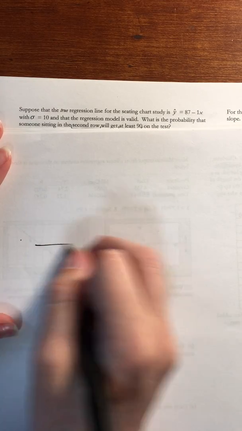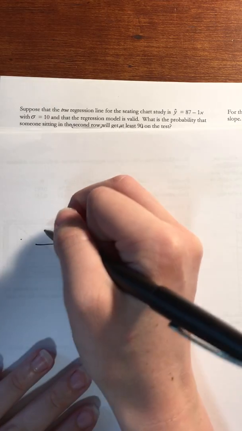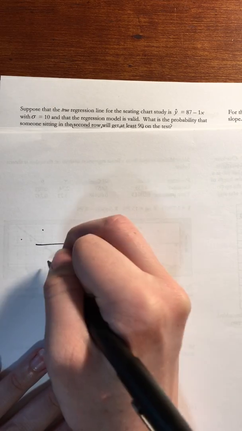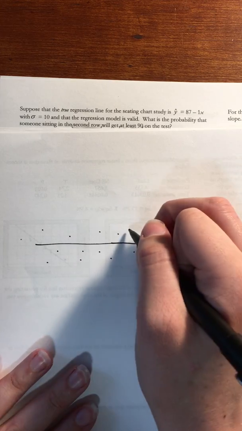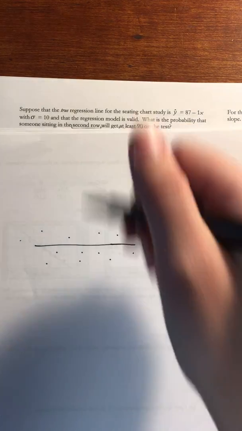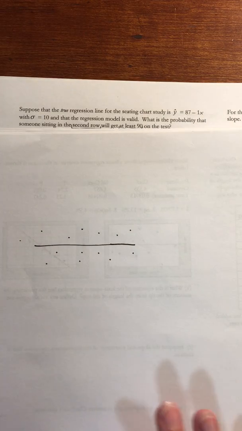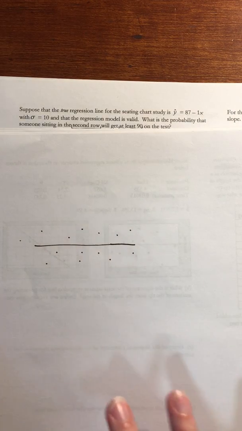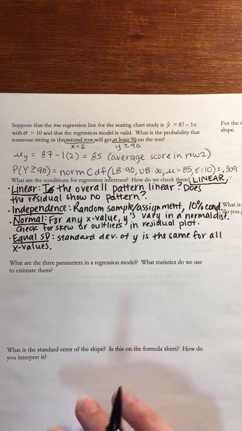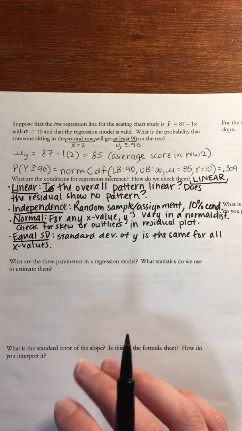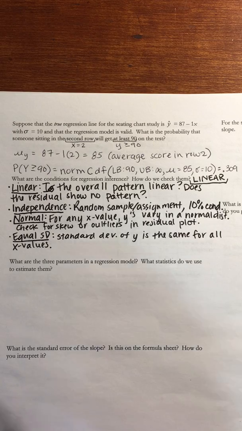you want a residual plot that shows no pattern, right? And you want the distances to be about the same on average from the top and the bottom. Okay, so it's not a perfect example, but to give you an idea of what we're talking about, we want the residual distances to be roughly symmetric, from the top to the bottom.